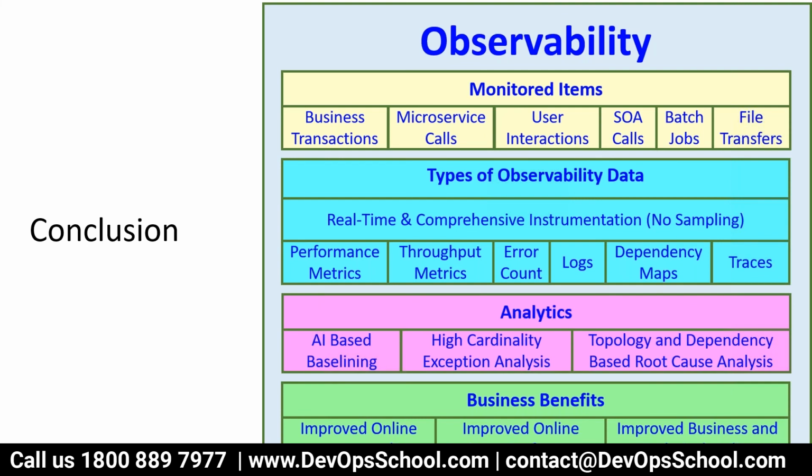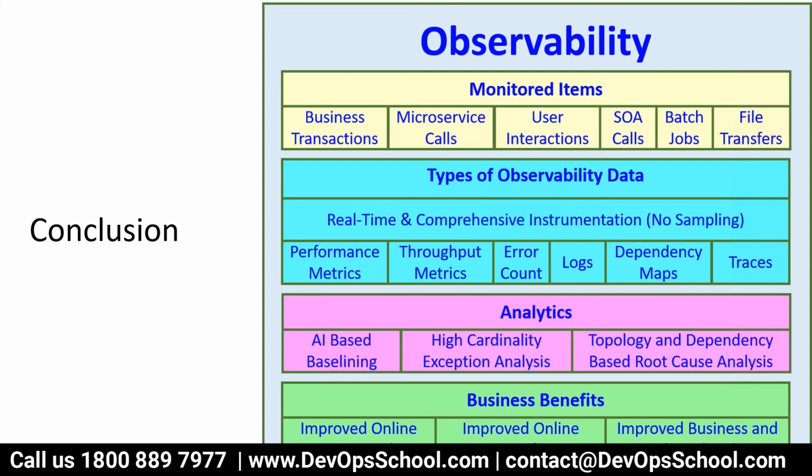And on that, you need to analyze this. You need to set up AI analytics: AI-based high cardinality, topology and dependency analytics, baselining analytics, exception analysis, and root cause analysis. And then at the end of it, you should bring some business benefit, because we are going to spend so much time and energy.